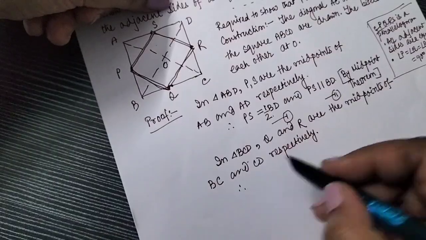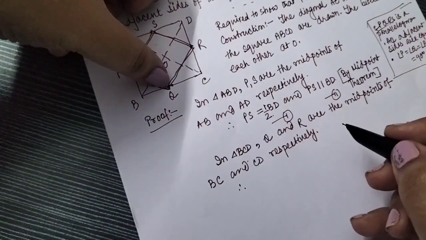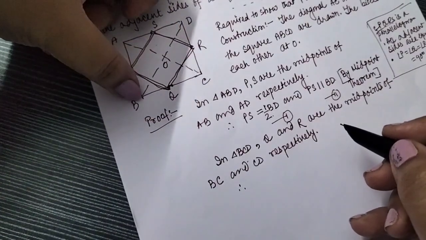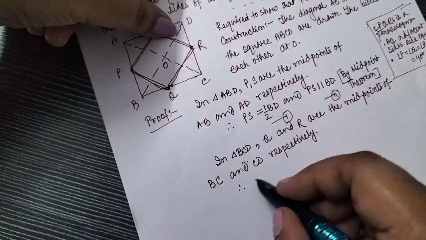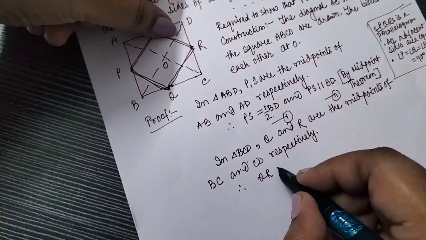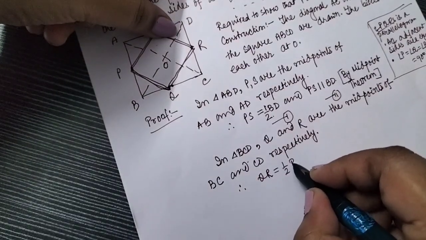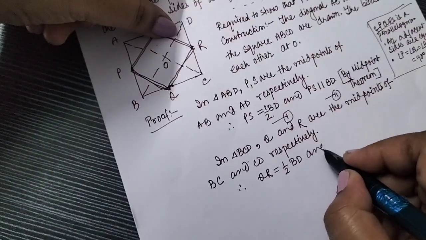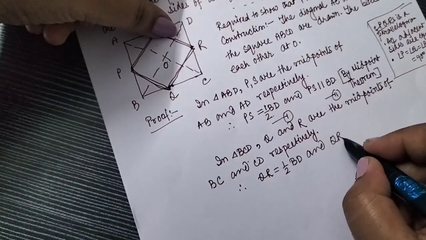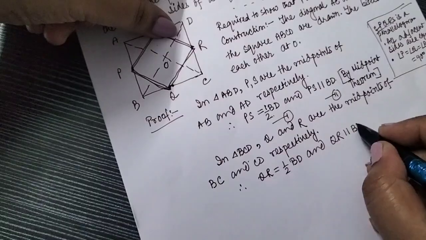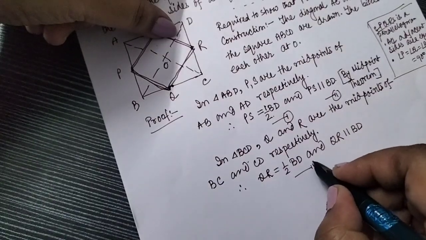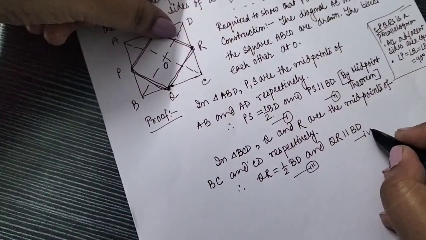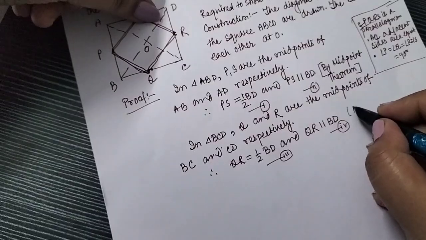Similarly, we can say QR is equal to half of BD and QR is parallel to BD. These are relation number 3 and 4 respectively by the midpoint theorem.